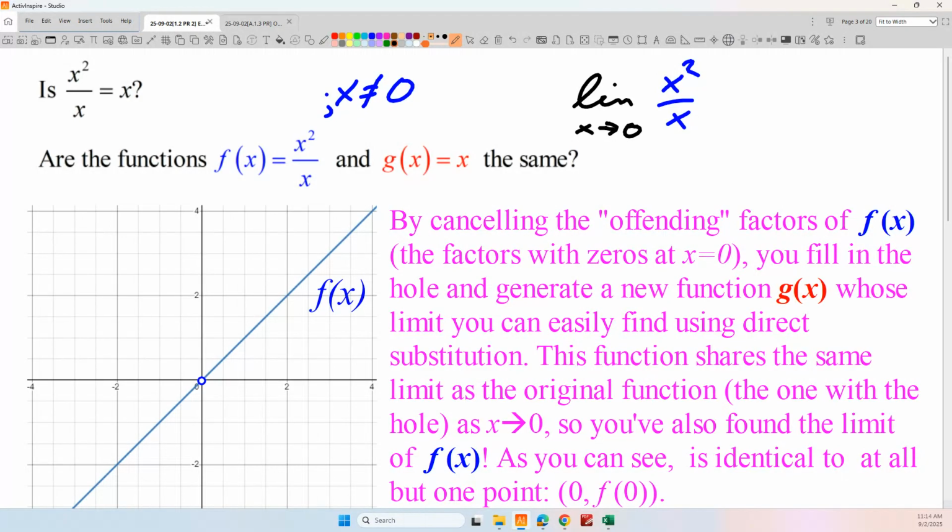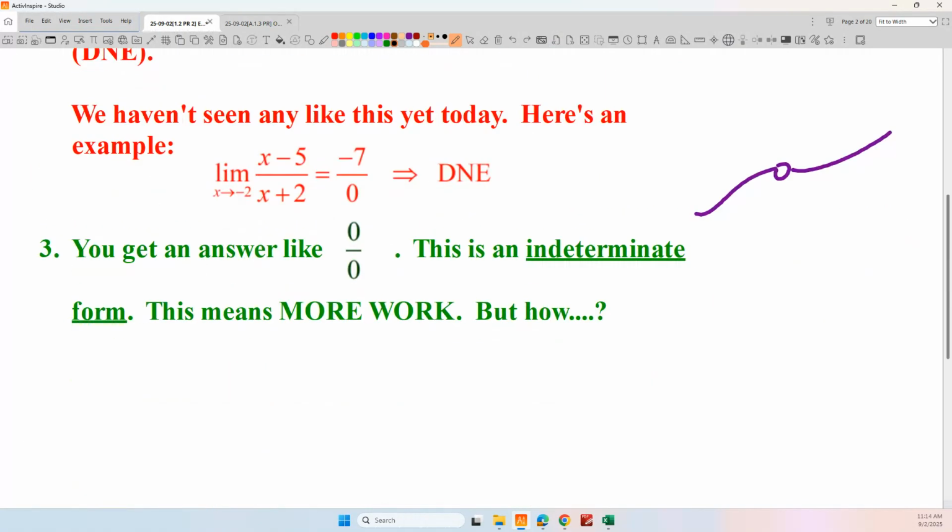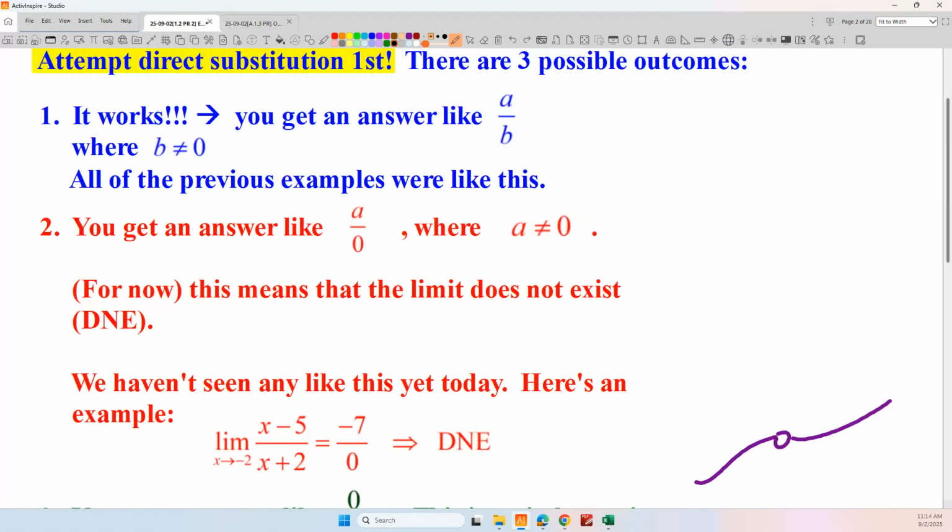Well, if I try to evaluate that directly, what do I get? 0 over 0. 0 over 0 means more work. That's our indeterminate form, right?